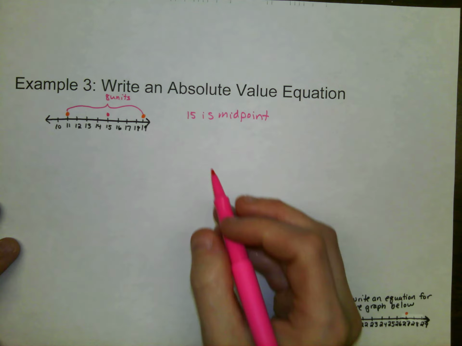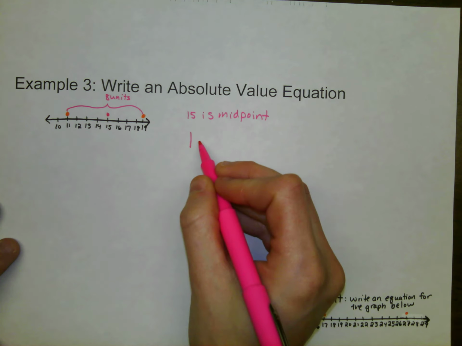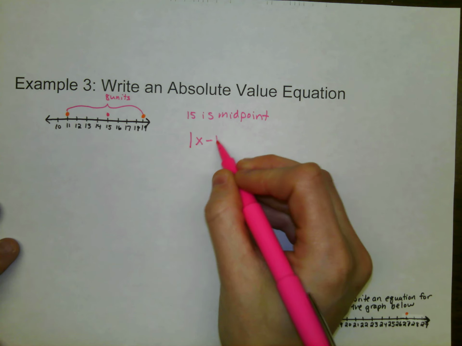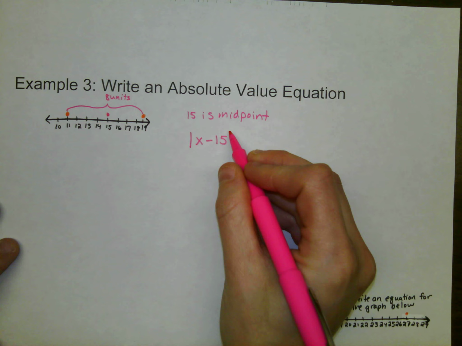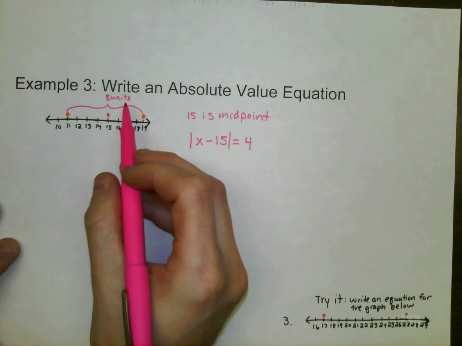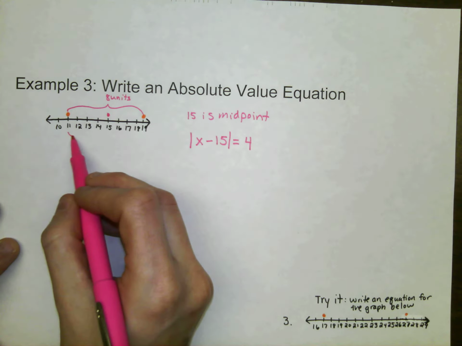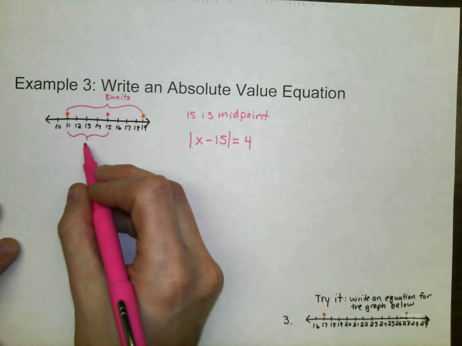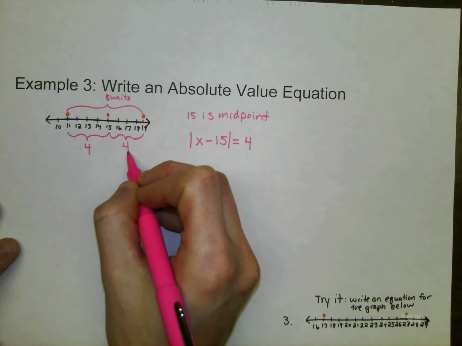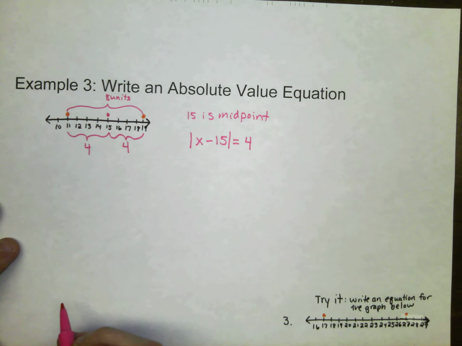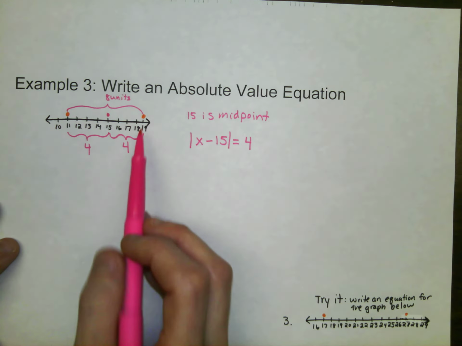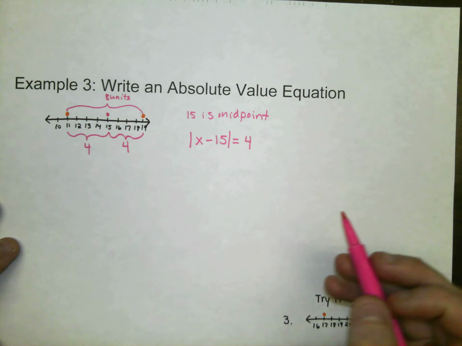So once we have the midpoint, we can say our equation is the absolute value of x, or any variable you want, minus 15, the midpoint, equals 4, where 4 is half of this distance between the midpoint and each point. So 4 units from 15 and 4 units from 15 to 19.